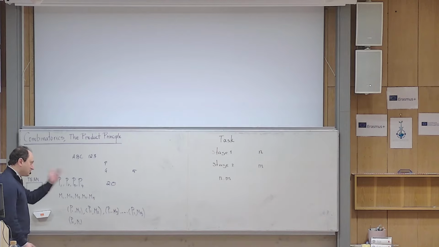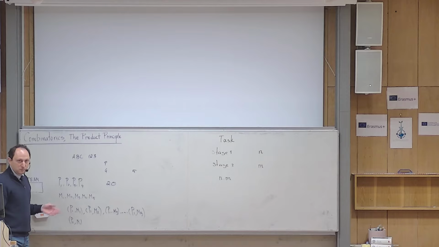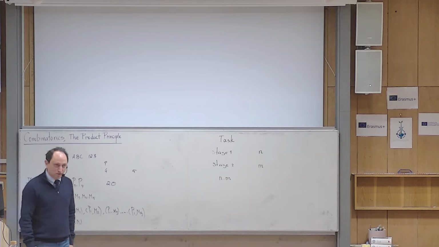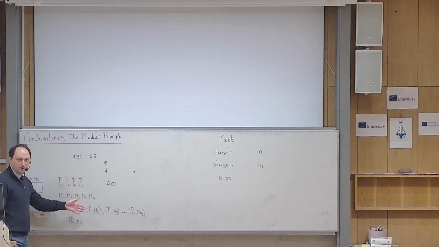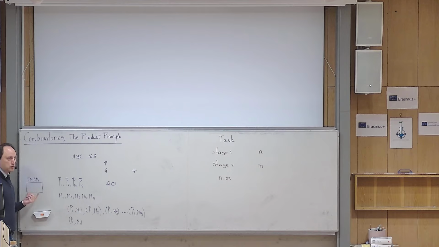Yes. So just tell a story for stage 1. What is stage 1? Choose a physicist. This is the story that I tell for stage 1 to myself. And stage 2 is another story. Choose a mathematician. Yes? So you see here, the task was to set up a team, but this task can be thought of as going through two stages.